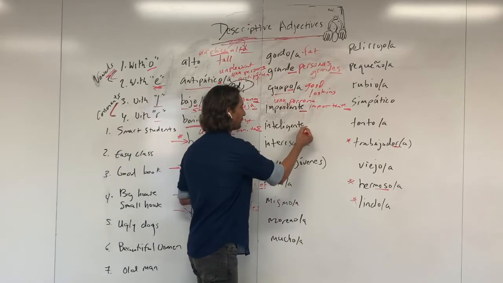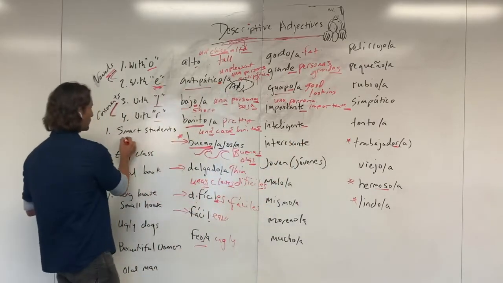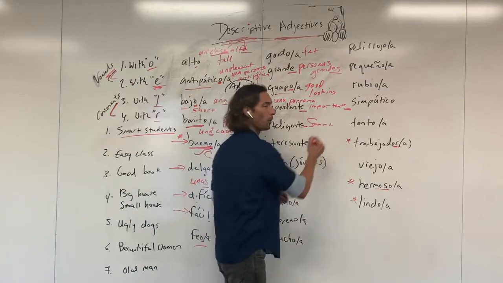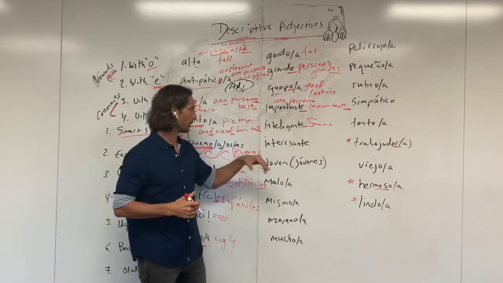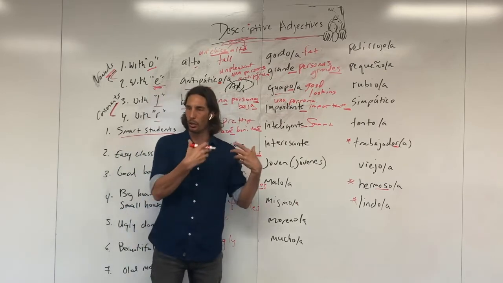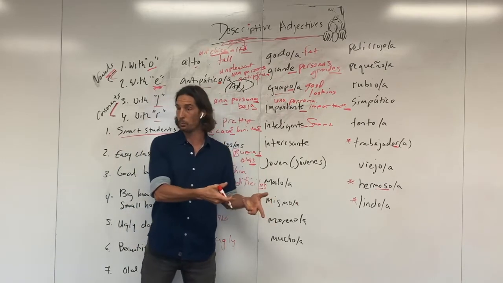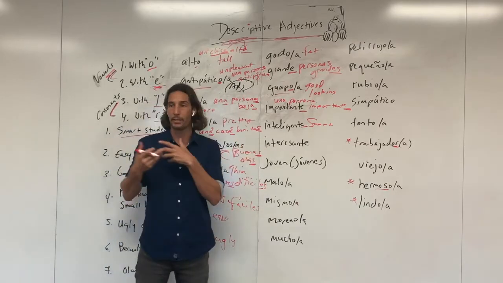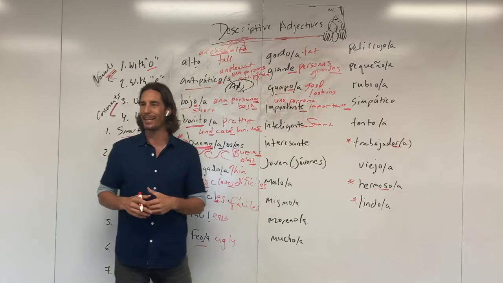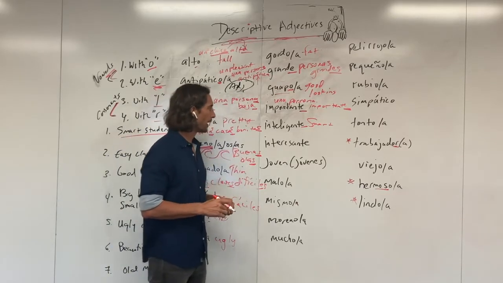And that would be the same for inteligente, which we'll get to over here with our examples, which means smart, or intelligent, of course. That's exactly what it looks like. Interesante, again, that's a bit of a cognate as well. It looks like your English interesting, kind of. But that's what it means in Spanish, interesante, so it's interesting.